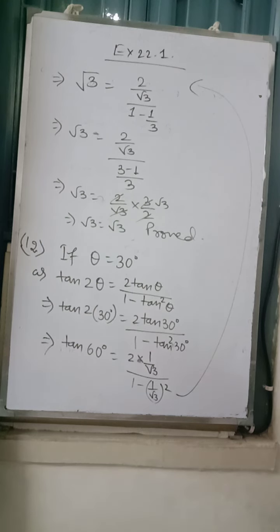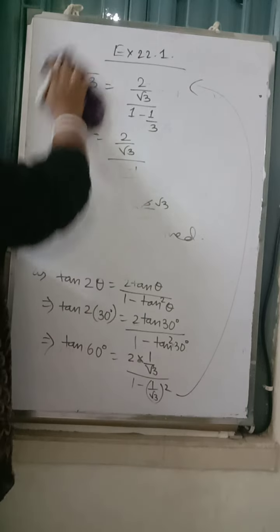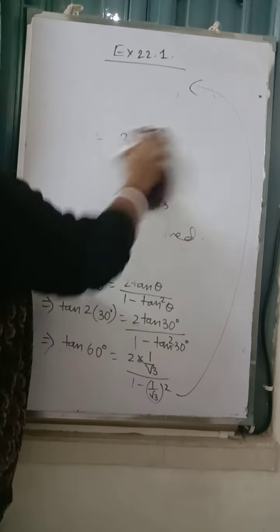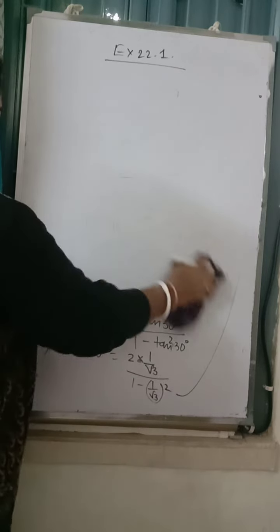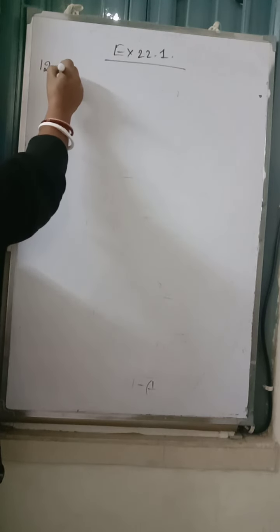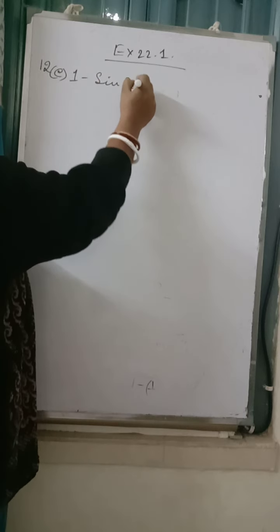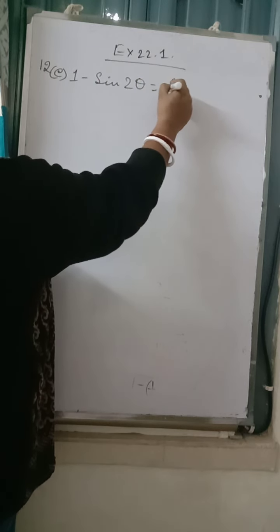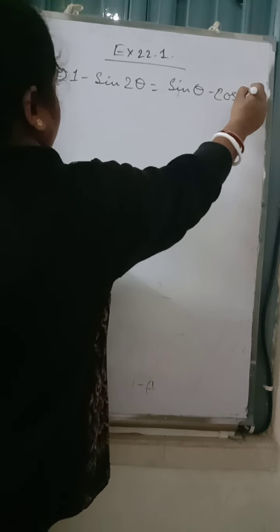Come to question number 12E. One minus sin 2 theta is equal to sin theta minus cos theta whole square.